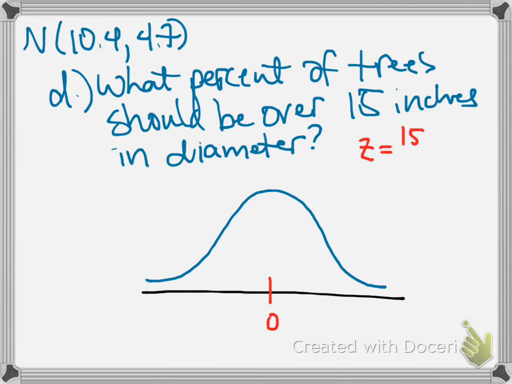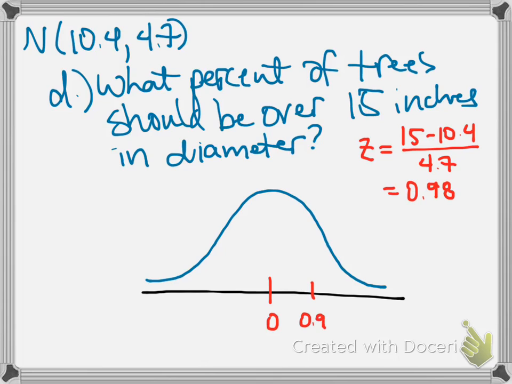So we take 15, subtract our mean of 10.4, divide by our standard deviation of 4.7, and we get a z-score of 0.98 approximately. I had to round slightly on that. And it shouldn't be any surprise that our z-score is just slightly below 1, since 15.1 inches is 1 standard deviation above the mean, and 15, of course, is just shy of 15.1.